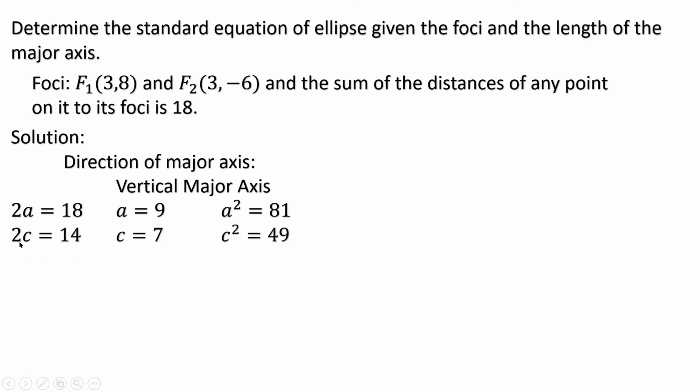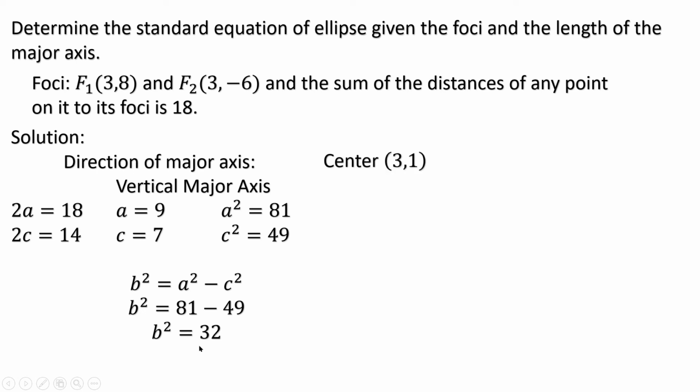And for 2c, the distance between the foci, it is equal to 14, since from 8 to -6 is 14 units. Then c is equal to 7 and c squared is equal to 49. So b squared is equal to a squared minus c squared, so b squared is 81 minus 49, that is equal to 32.